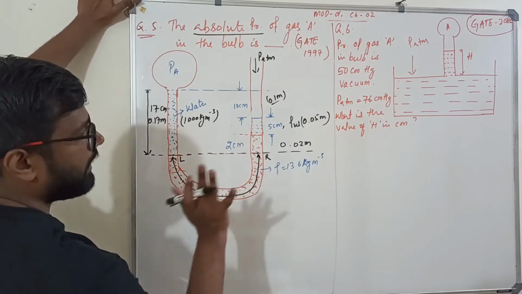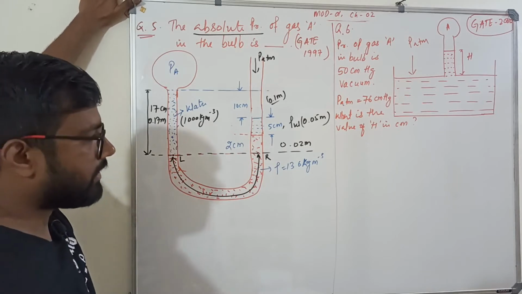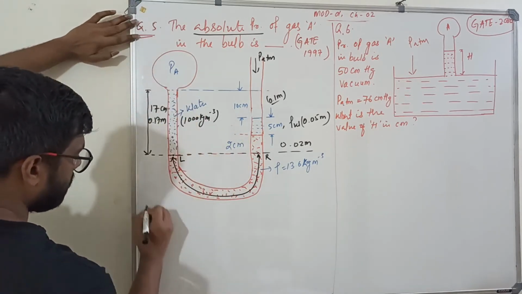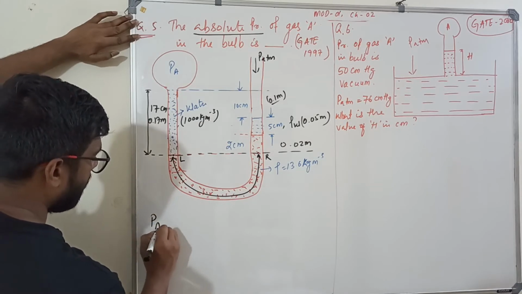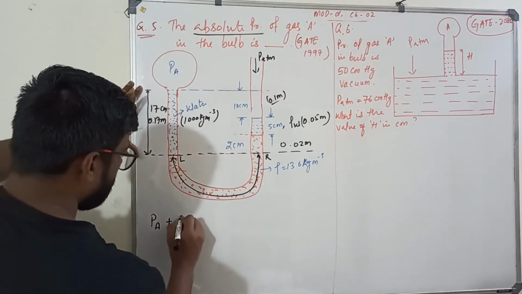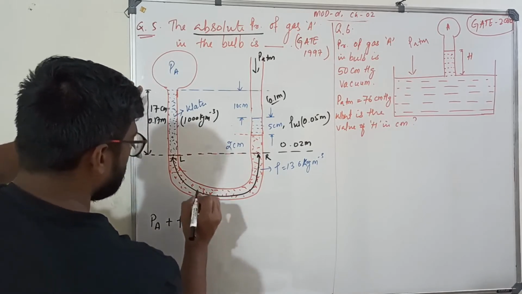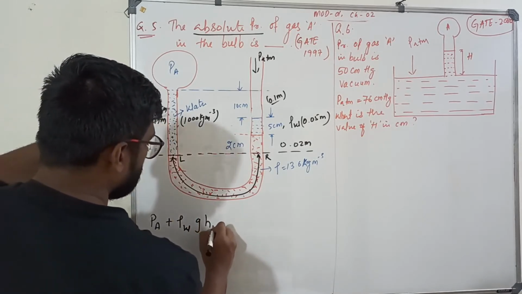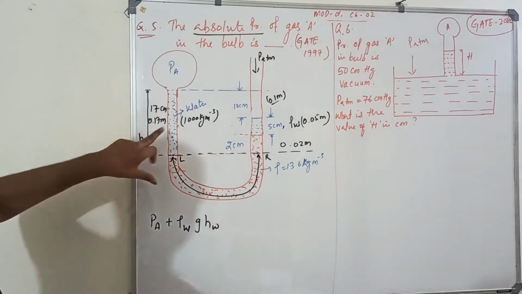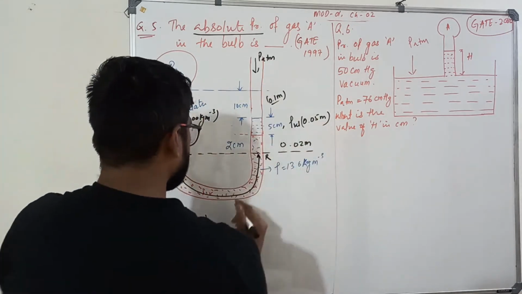Write your gauge equation for the left hand side and right hand side. On the left hand side you will get Pa plus rho water g h water, where h water total is 17 centimeter, is equal to this side.